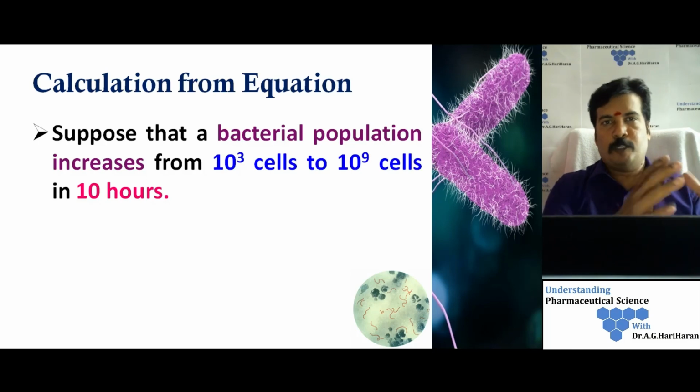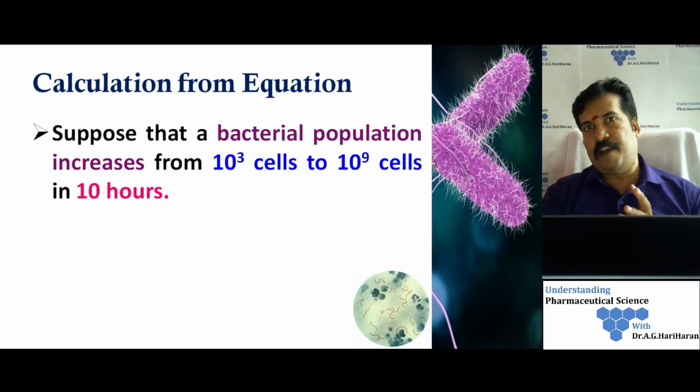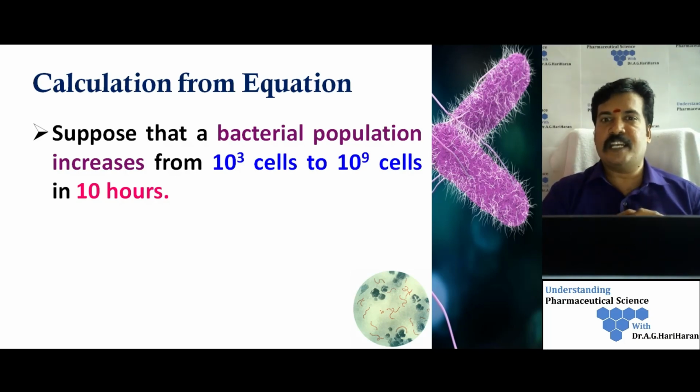Suppose the initial population is 10 to the power 3 cells, that is 1000 bacterial cells per ml. Then after 10 hours the population is 10 to the power 9. Of this, N0 is 10 to the power 3. The Nt, that is at the time t of 10 hours, the population is 10 to the power 9.